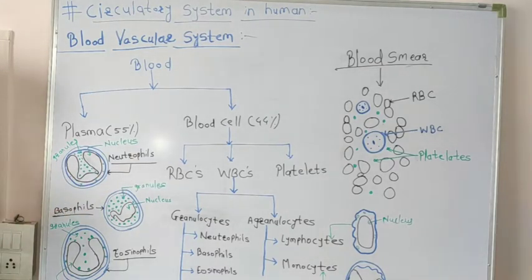So this RBC has a 120 days lifespan. And the process when RBC gets formed is called erythropoiesis.